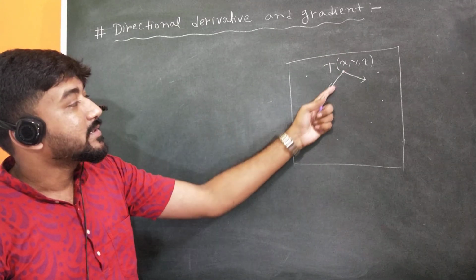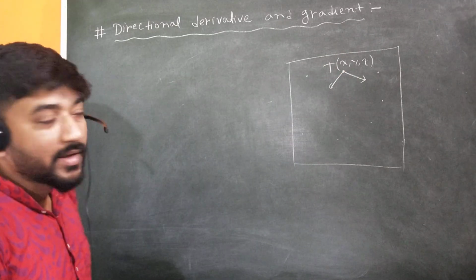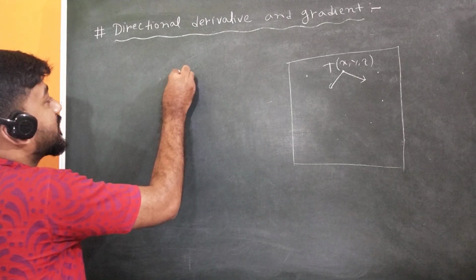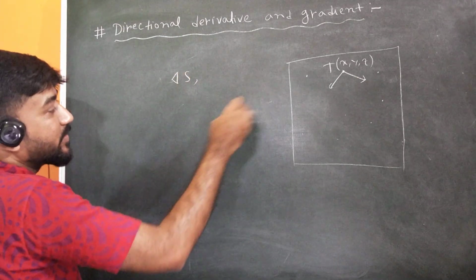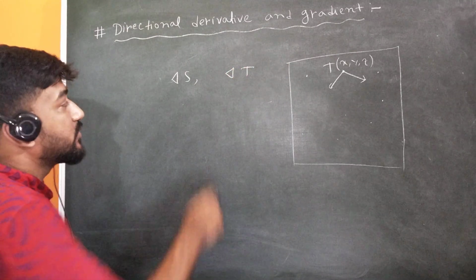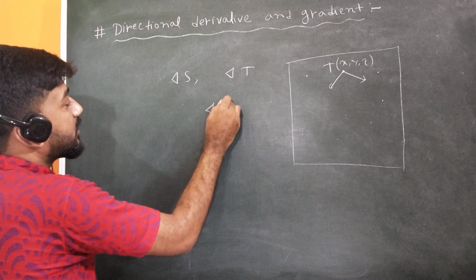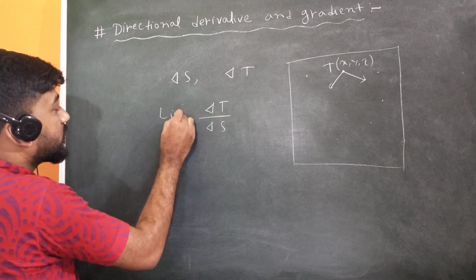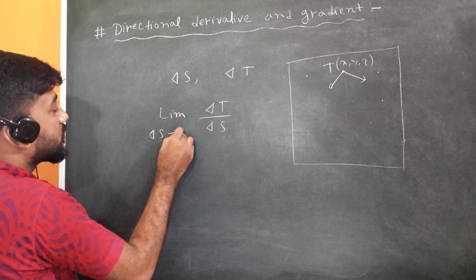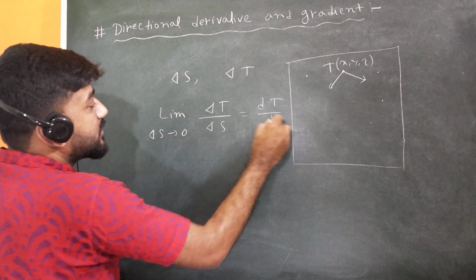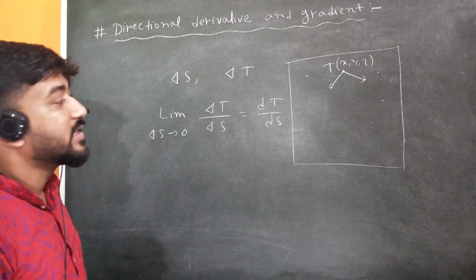If you take a small arc length delta s, and for that arc length the temperature changes by delta T, then the rate of change of temperature with respect to s will be delta T upon delta s. If you take the limit as delta s tends to 0, delta T upon delta s is nothing but dT upon ds, and this dT upon ds is mathematically known as the directional derivative.